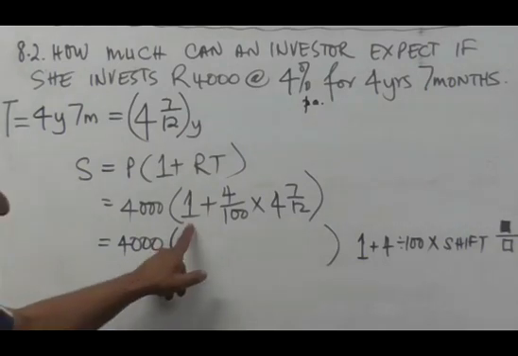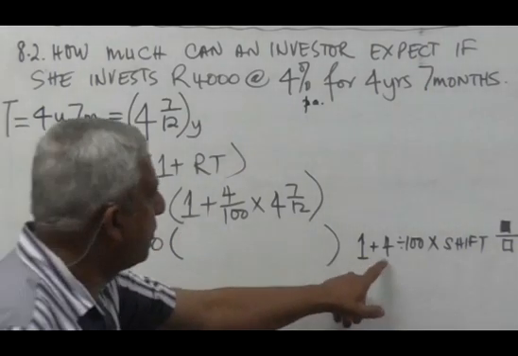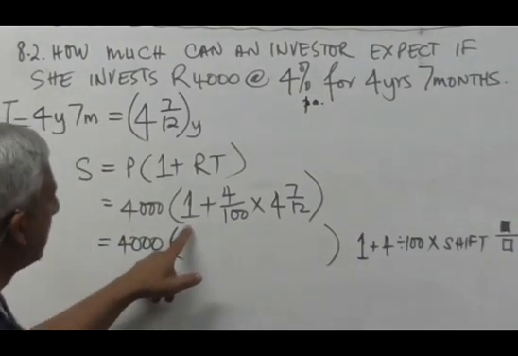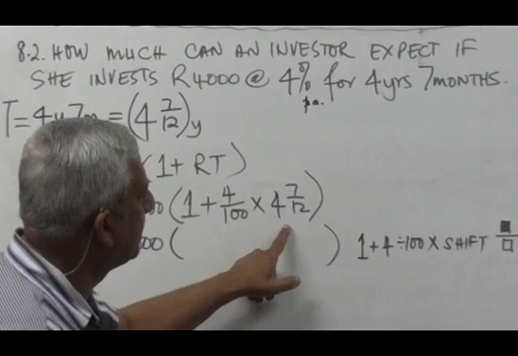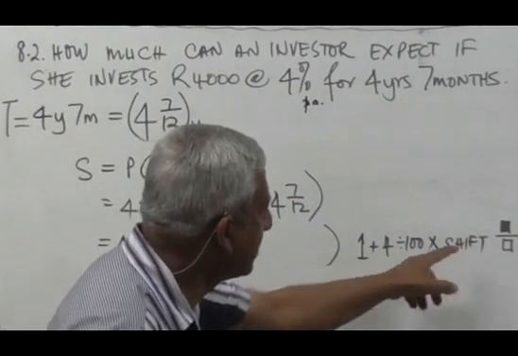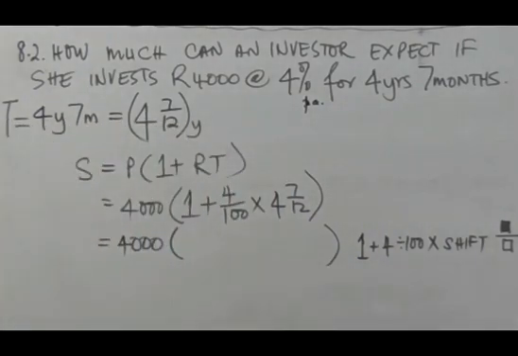So this will be 1 plus 4 divided by 100. Up to here it's normal, times. But to put this fraction in, you'll have to use the shift and fraction button. You will have to use the shift and fraction button.